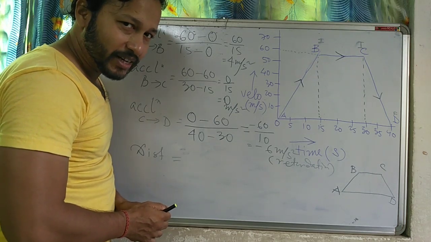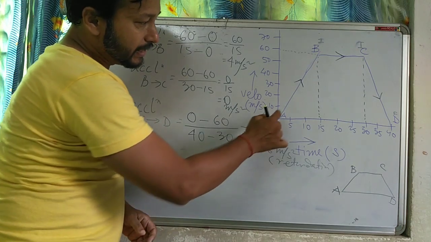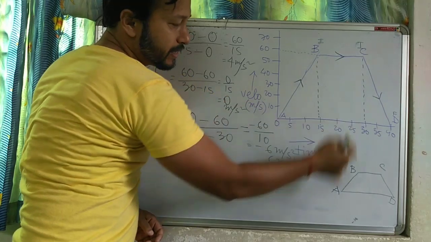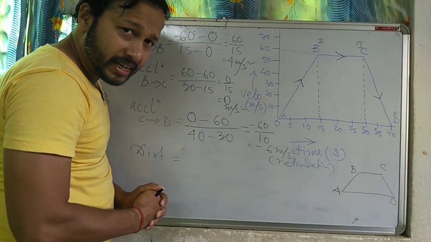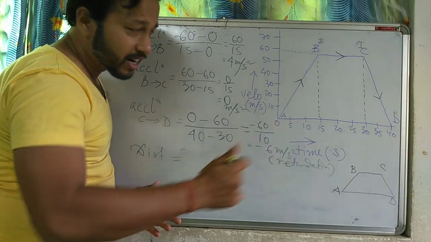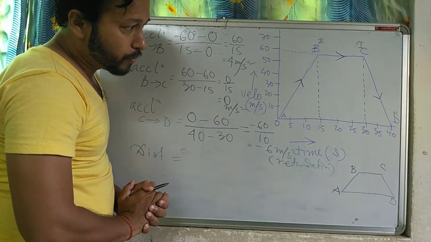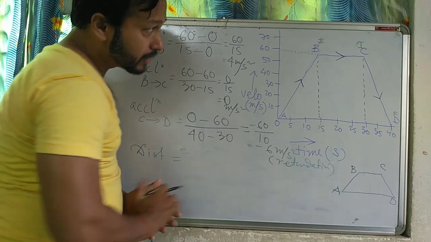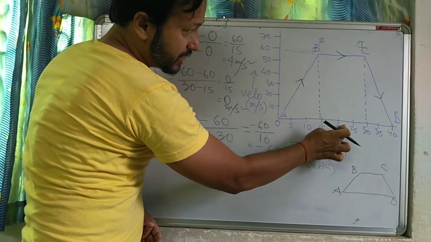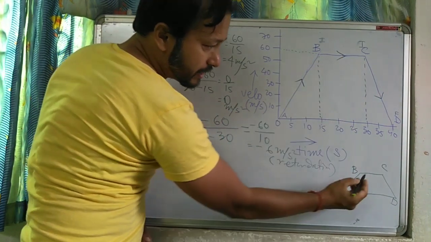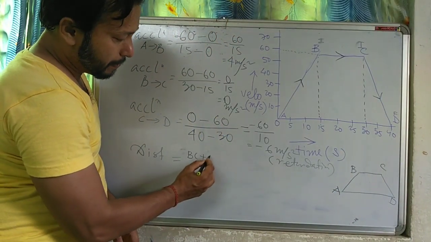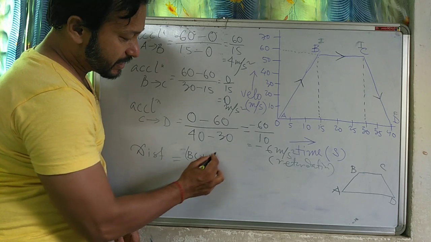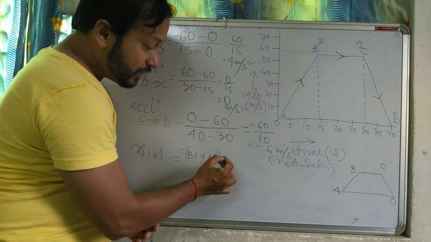Let us find the area of that shape. Since it's a trapezium, we know that the area of a trapezium is the sum of its parallel sides into height, by 2. Which sides are parallel? This side and this side are parallel. That means BC plus AD, sum of parallel sides, into height.